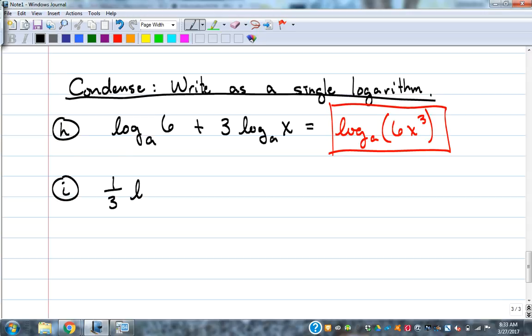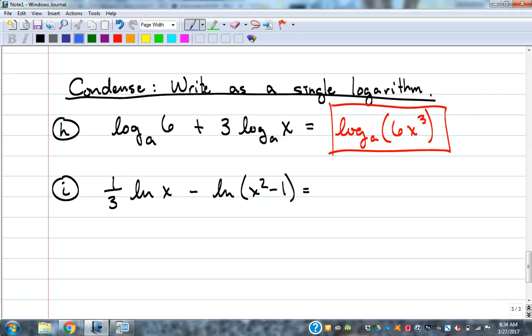One third natural log of x minus natural log of x squared minus 1. Let's condense that down into 1. We see a minus sign in there, so that tells us it's going to turn into division.